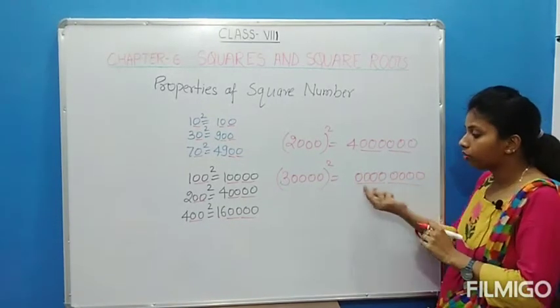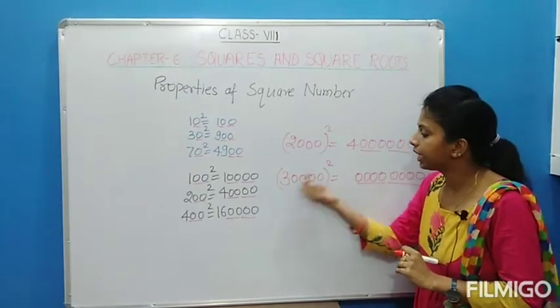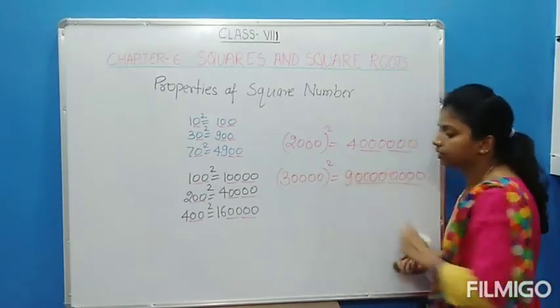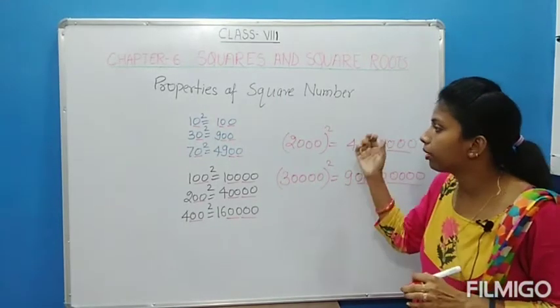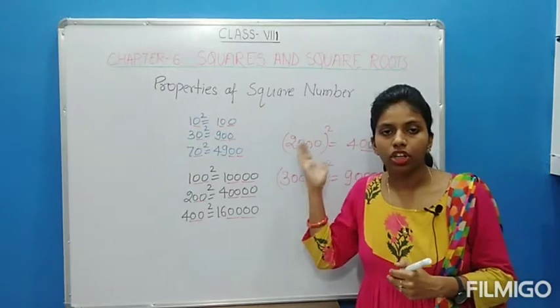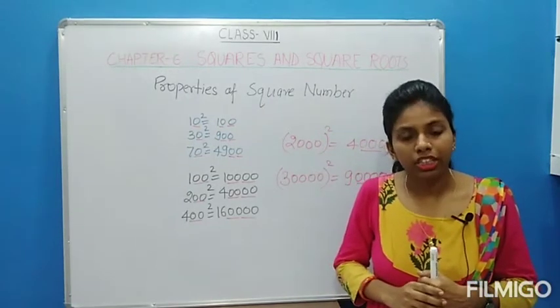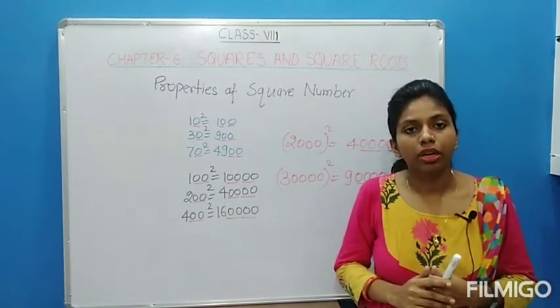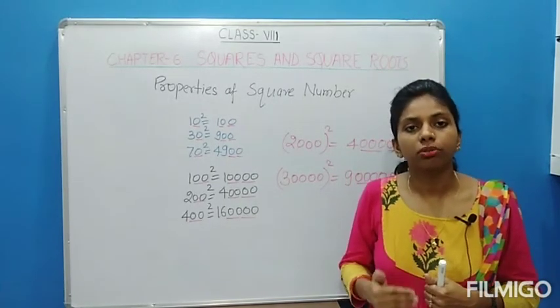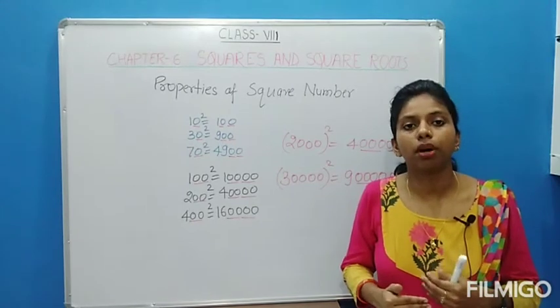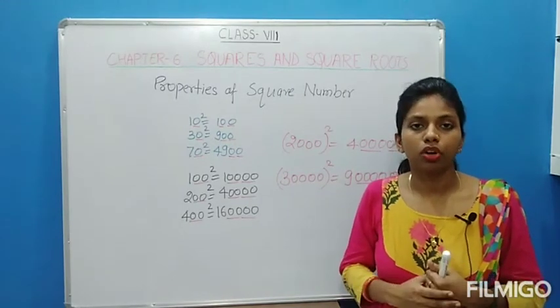Here we have 8 zeros and 3 square means 9. So this is the method for square numbers. According to this method, whenever we take the square of any number containing zeros, after squaring the number of zeros becomes just double of the number of zeros.